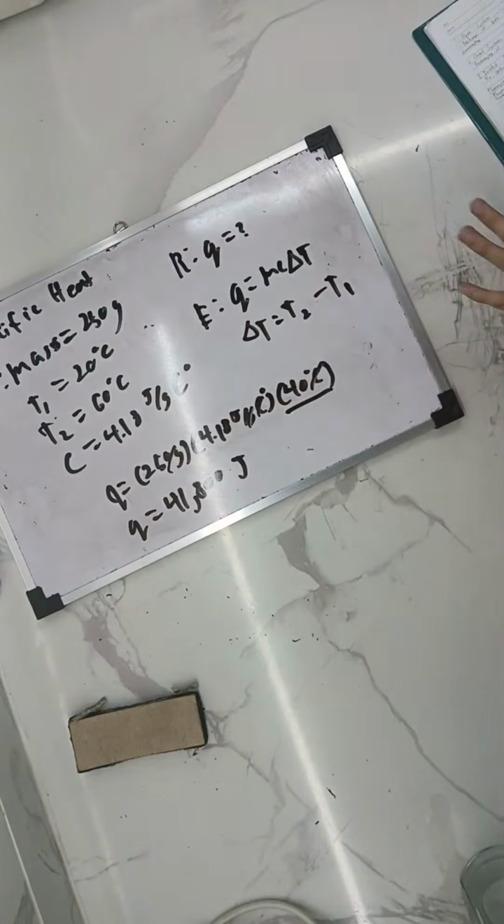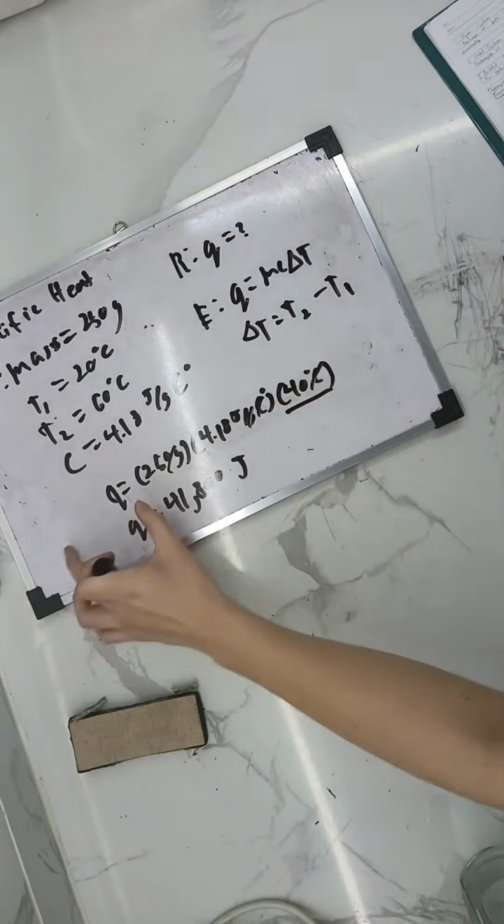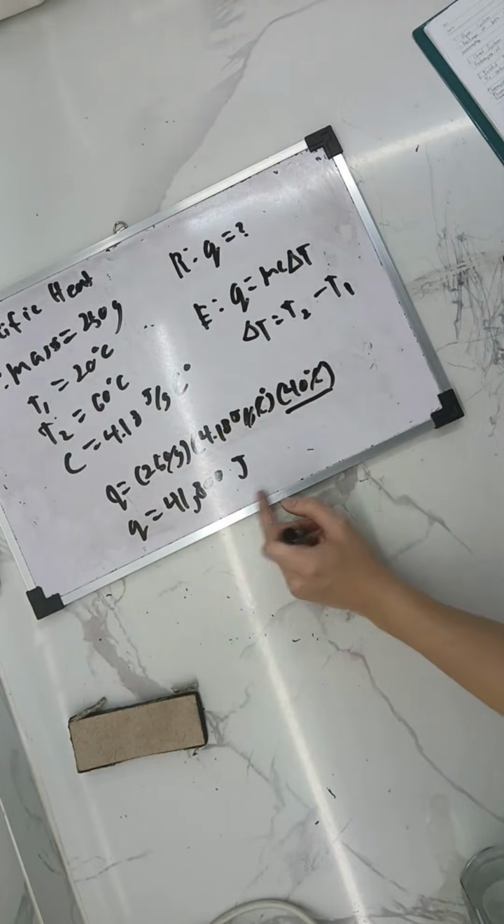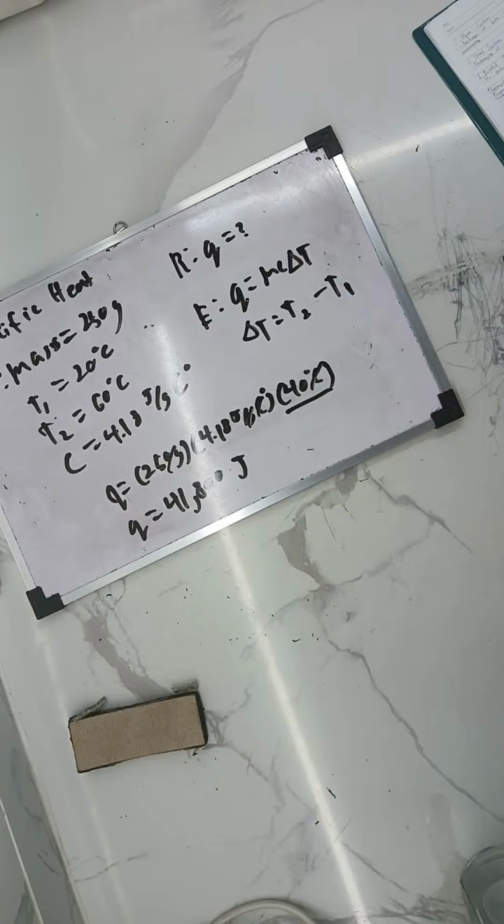So plugging all the values in, we substituted it, we canceled the units, and we got our final answer, which is 41,800 joules. Now, the answer can actually tell us something. If it is positive, this means that heat is being absorbed. It's being added to the system. This means that this reaction is endothermic.